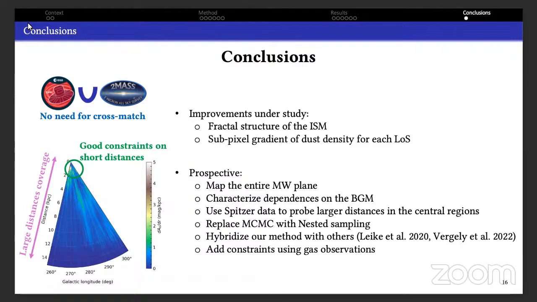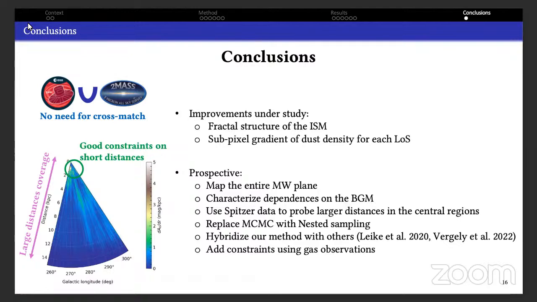For now, we only map a small region of the galactic plane, but we plan to map the entire galactic plane. Because we are using a model, we want to try to characterize the dependencies of the method on this model. And then, because our method allows it, try to use Spitzer data to probe at larger distances in central regions.